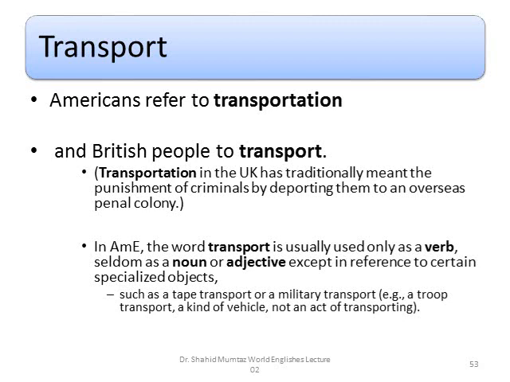In American English, on the other hand, transport is usually used only as a verb, seldom as a noun or adjective, except in reference to certain specialized objects, such as tape transport or military transport, for example, troop transport, a kind of vehicle, not an act of transporting.